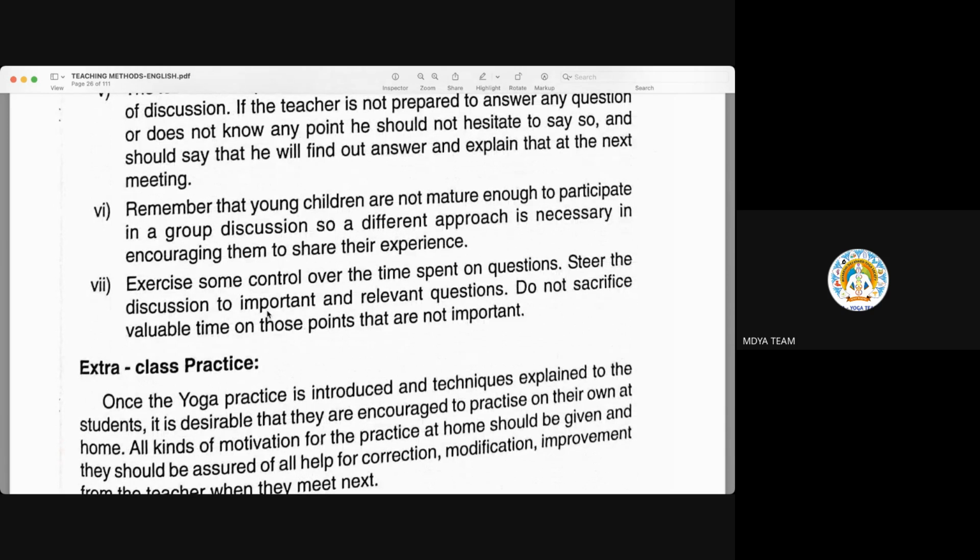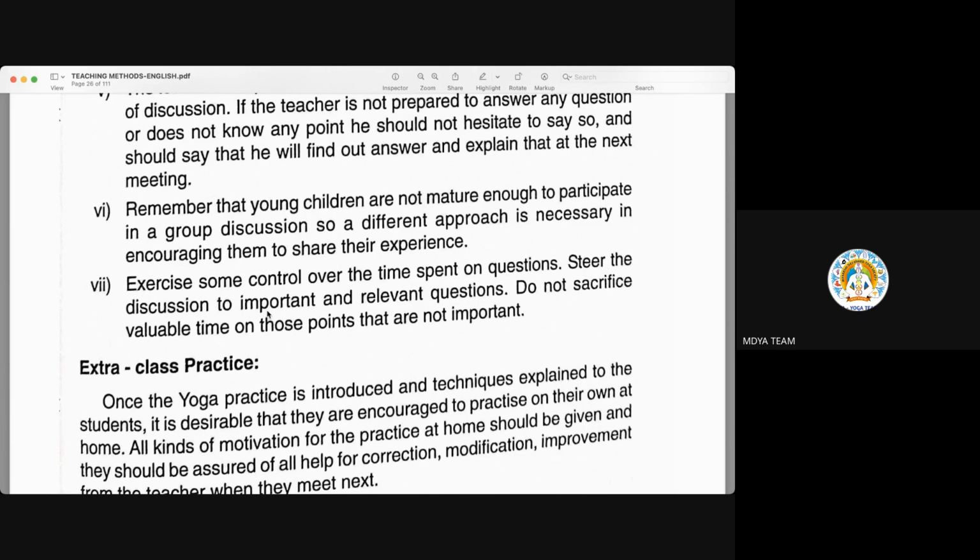And remember that young children are not mature enough to participate in a group discussion. So a different approach is necessary in encouraging them to share their experience, not in a very formal manner, but in an informal manner.